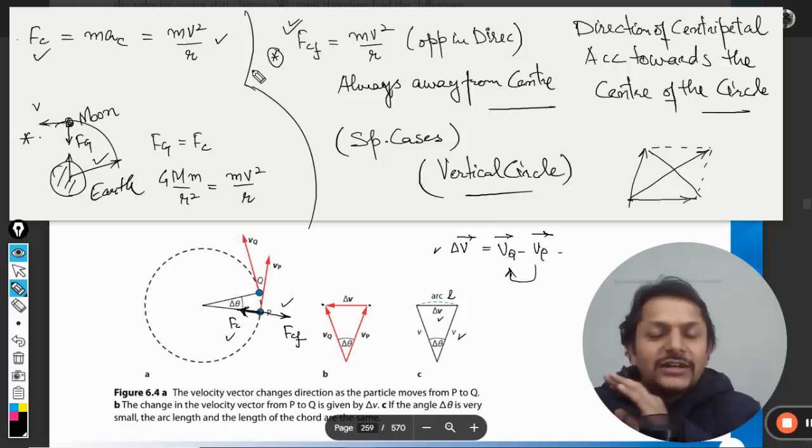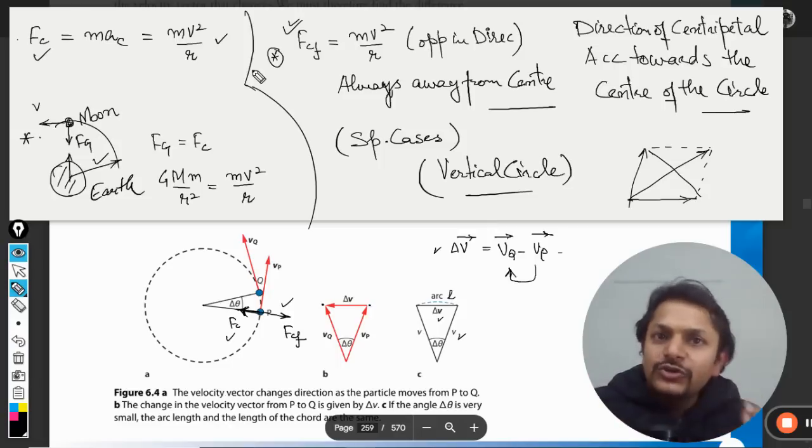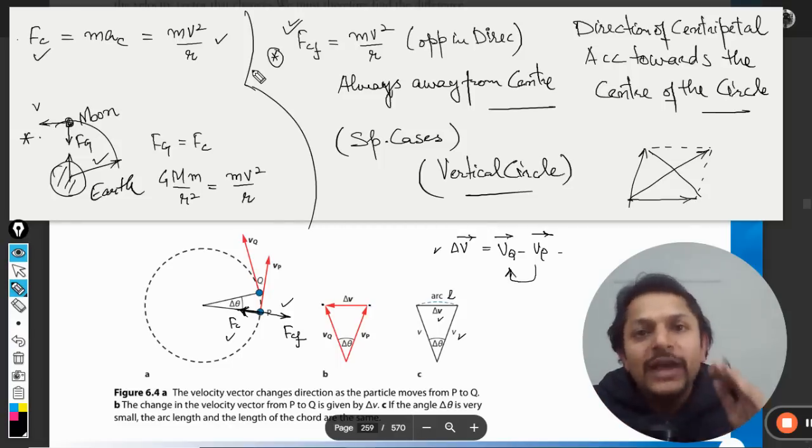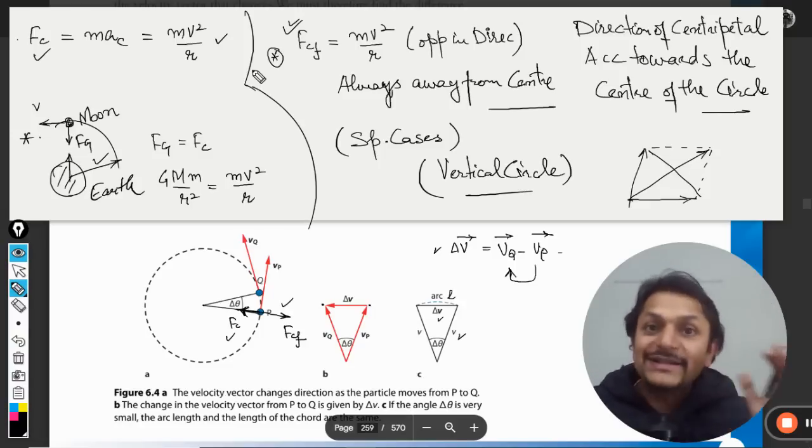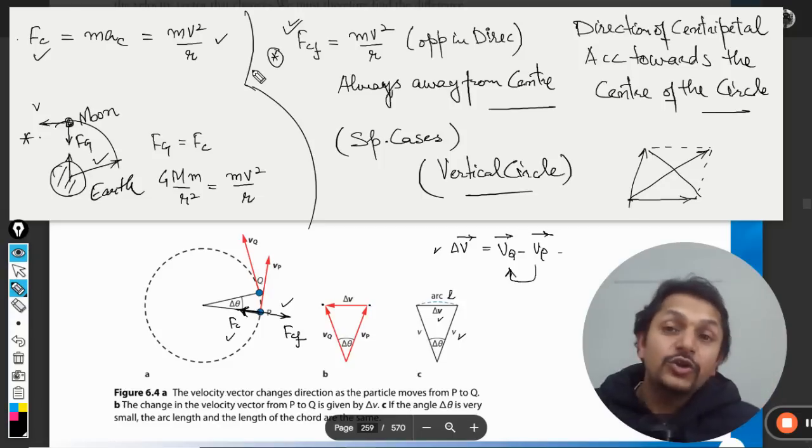So don't show IB that you are using the concept of centrifugal, but as a student of physics, you can use it. I will show you some examples in coming time, and I will clearly show you how practical it is to use the concept of centrifugal, and why we cannot overlook this.